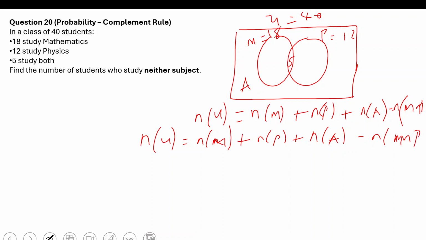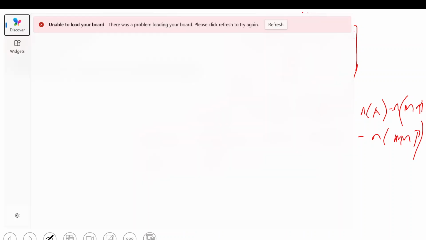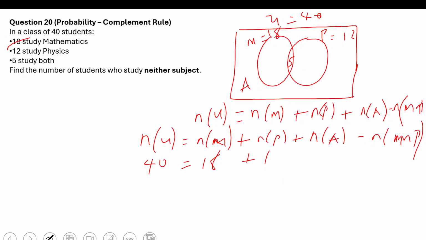Now, the number of the universal set is 40, and the number that studied mathematics is 18. That's from here. Then for physics is 12. Then what I'm looking for is neither. Neither is this A, that's outside.